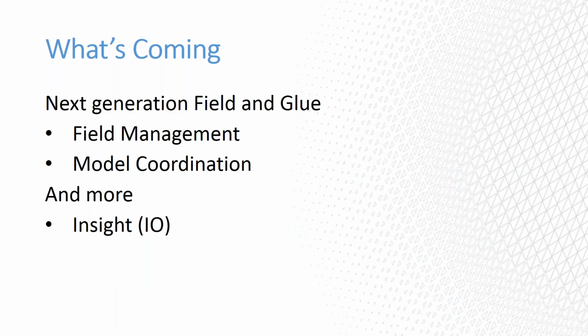So what's coming? Yesterday, Jim also briefly mentioned next generation Field and Glue. Field management is right now at a beta stage. If you have Docs and account access, you can actually start playing with it. So definitely it's coming.